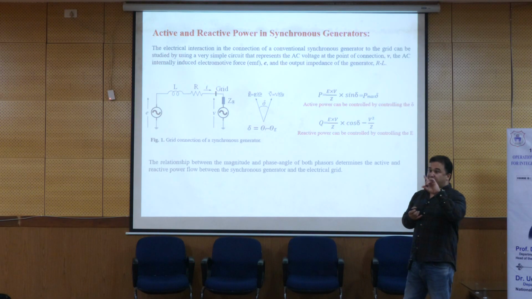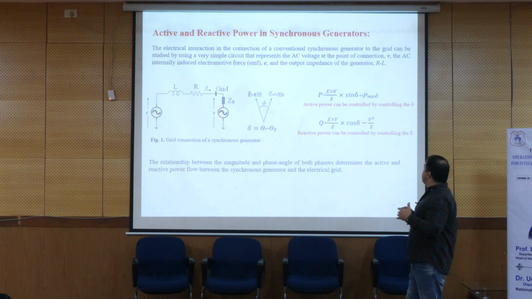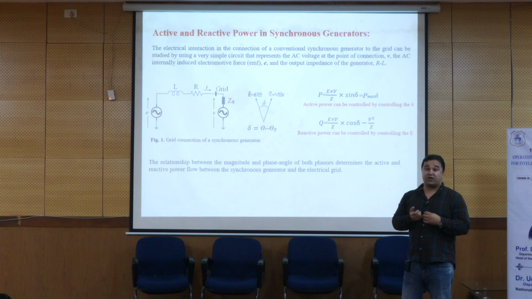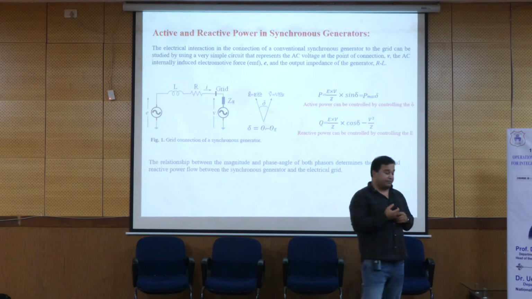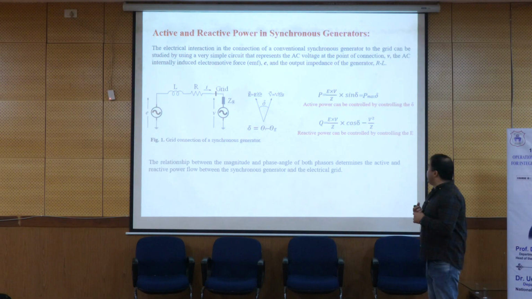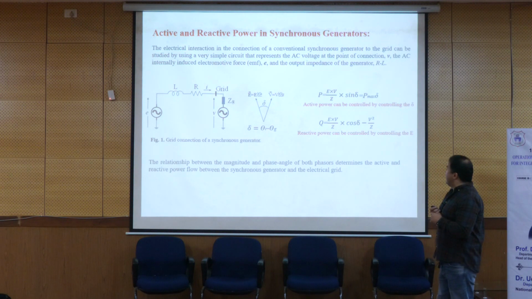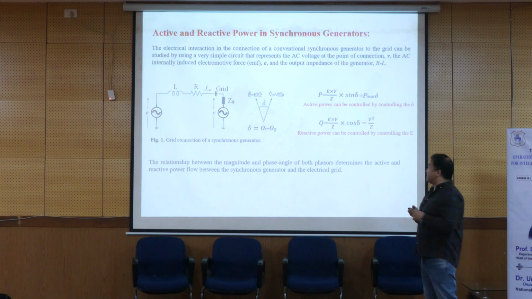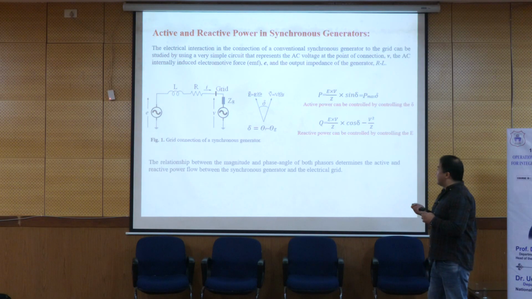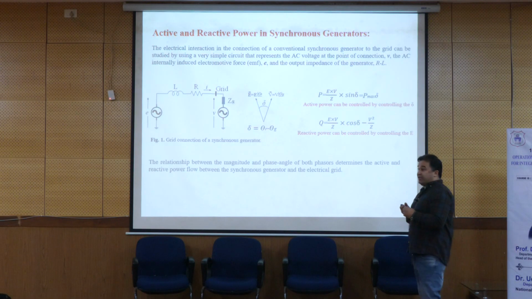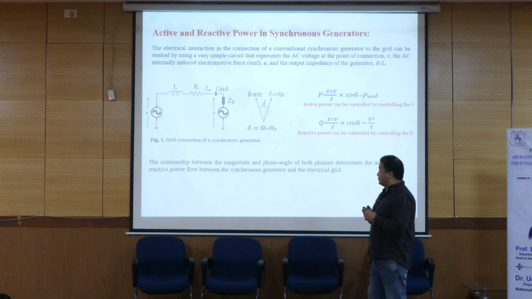So by changing the value of delta, we can easily control the value of the active power injected from the generation to the consumption. But regarding reactive power, we have this equation: EV over Z cosine delta minus V squared over Z, and the reactive power can be controlled by controlling E, the voltage of the synchronous generator.